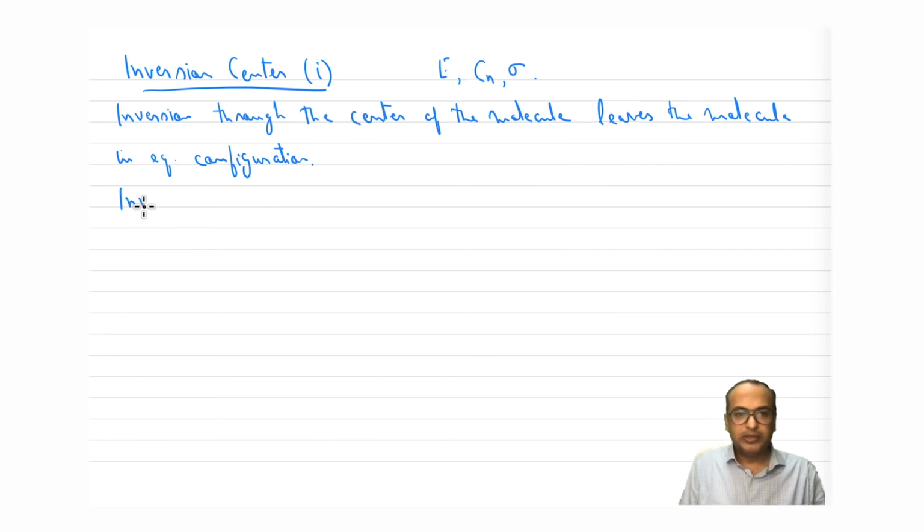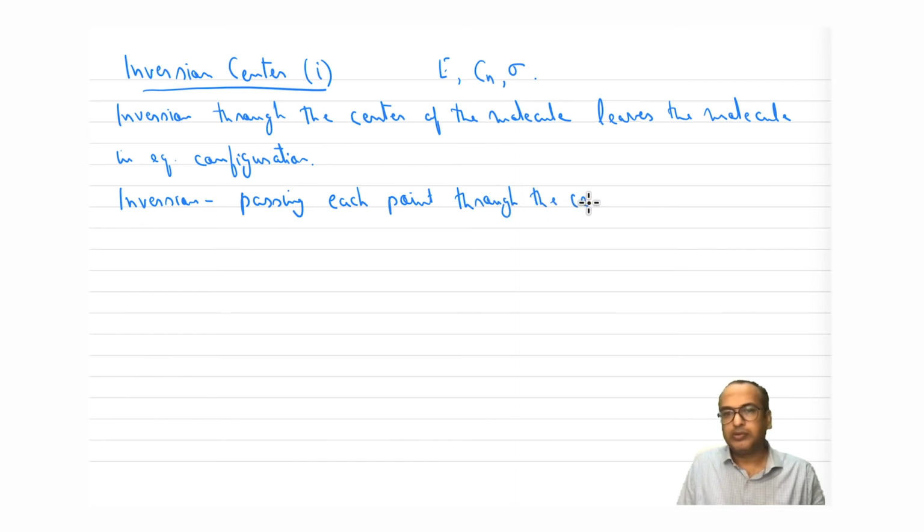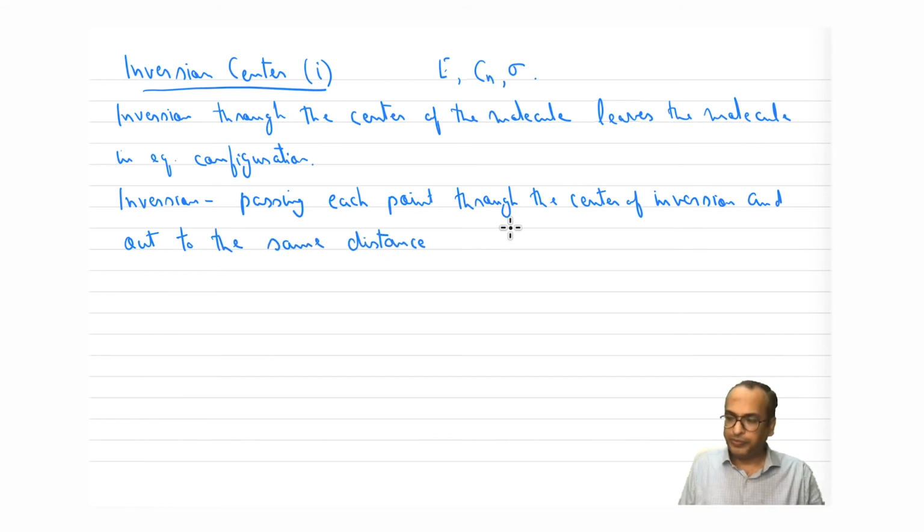So let's say inversion: passing each point through the center of inversion and out to the same distance on the other side of the center.